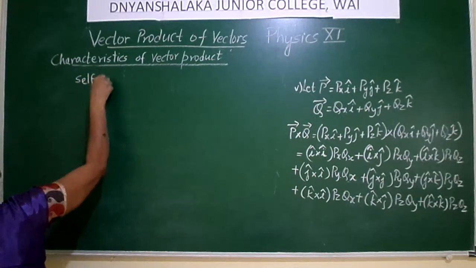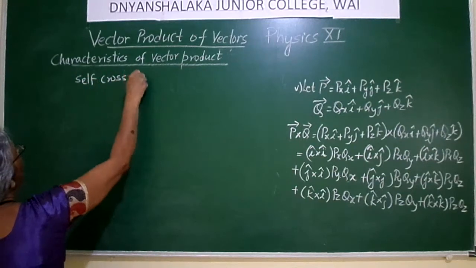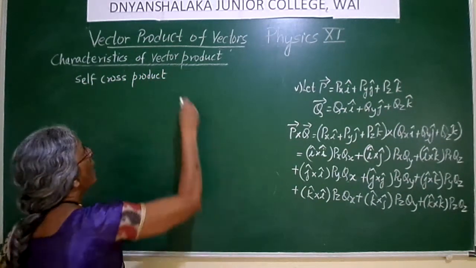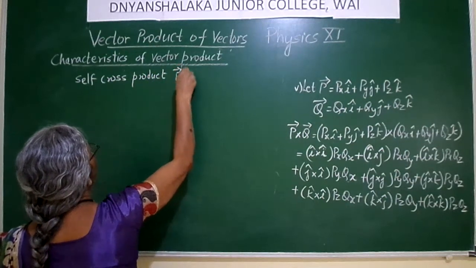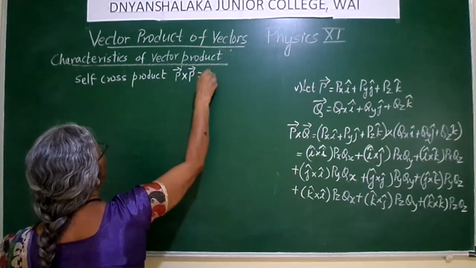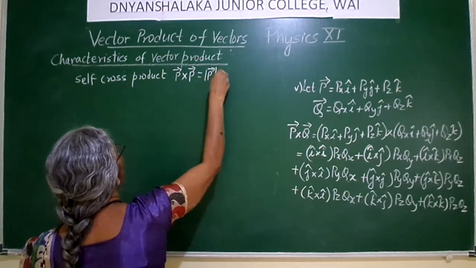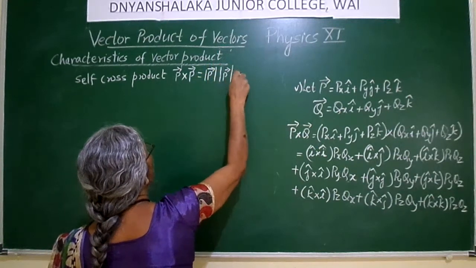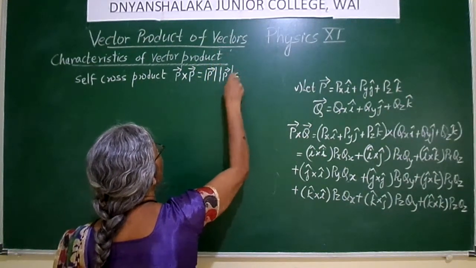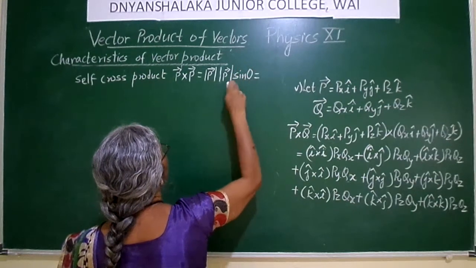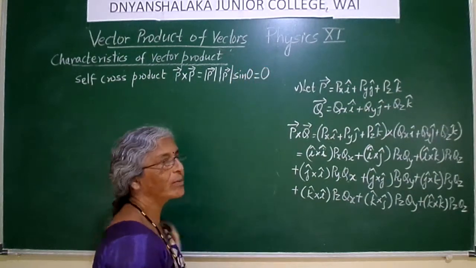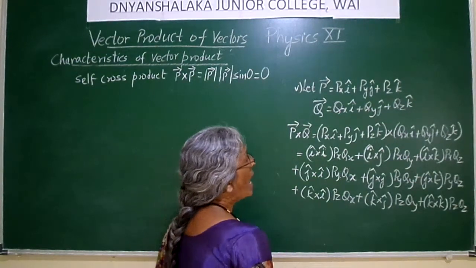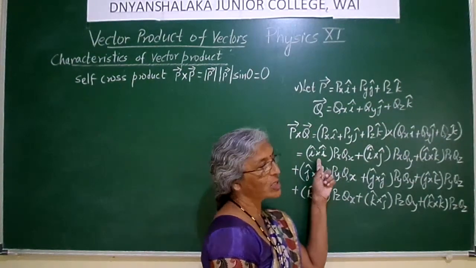Self cross product: vector p cross vector p will be equal to magnitude of vector p into magnitude of vector p into sin of the angle. The angle of vector p with vector p is 0, and sin of 0 is 0, so this entire product will be equal to 0.